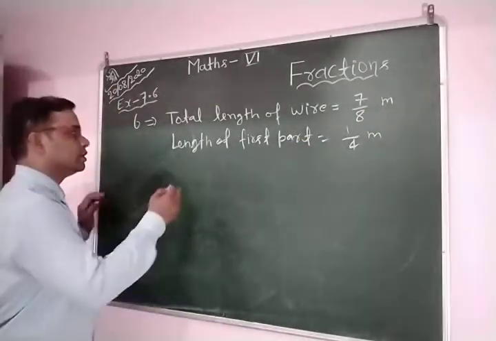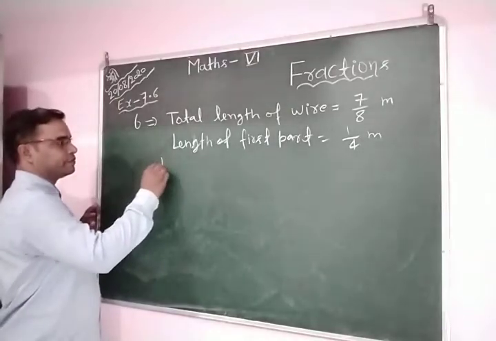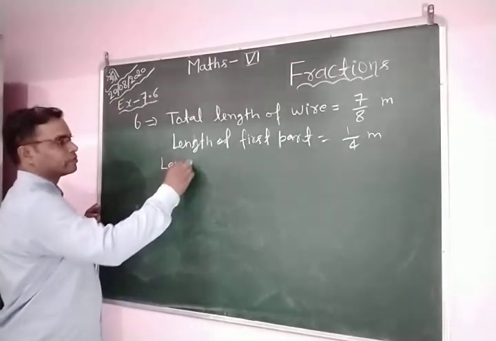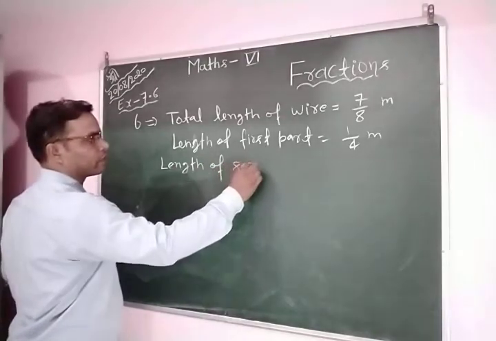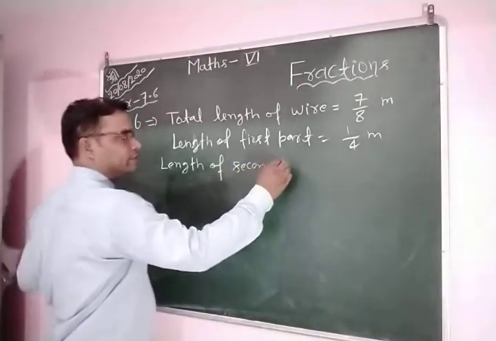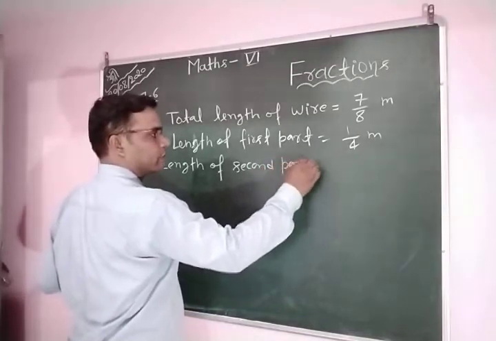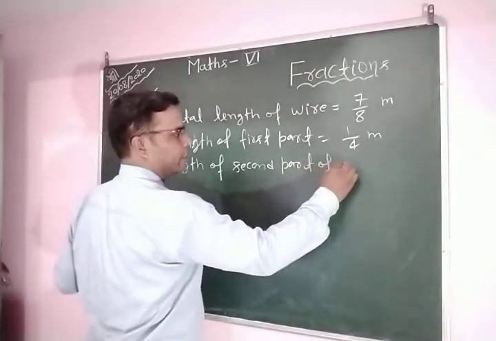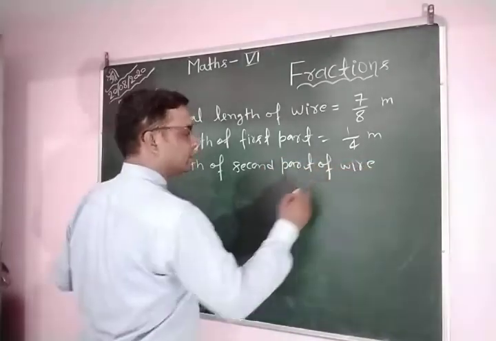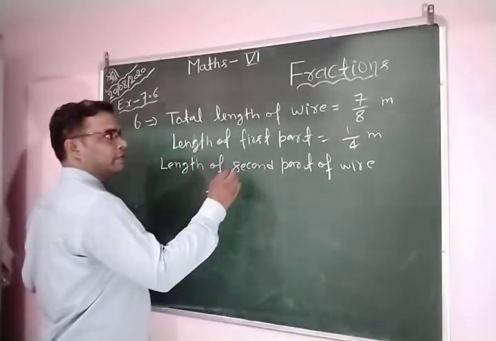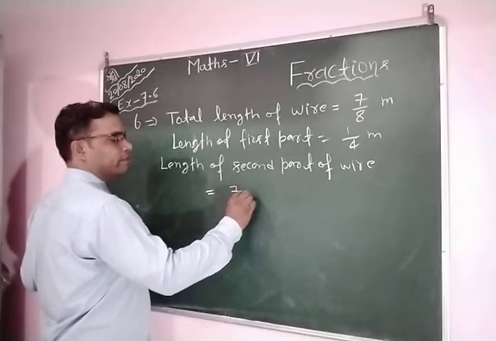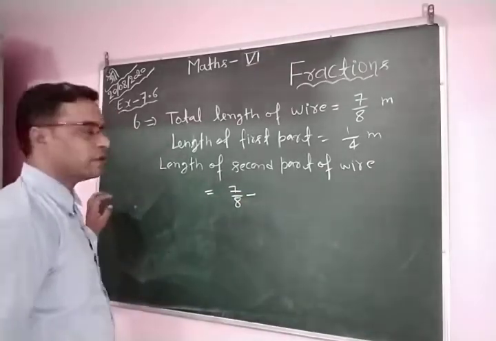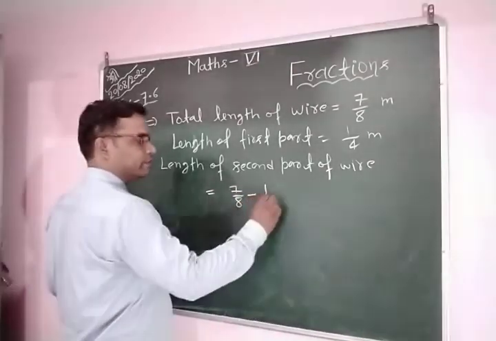Now the length of the second part of wire is equal to the total length of wire, 7 by 8, minus the first part of wire, which is 1 by 4.